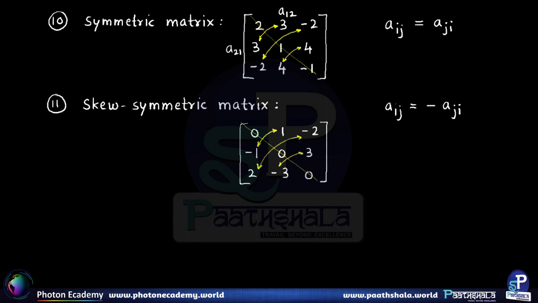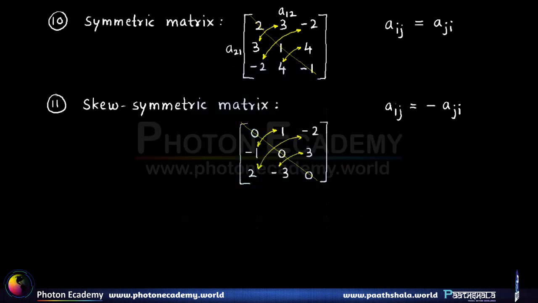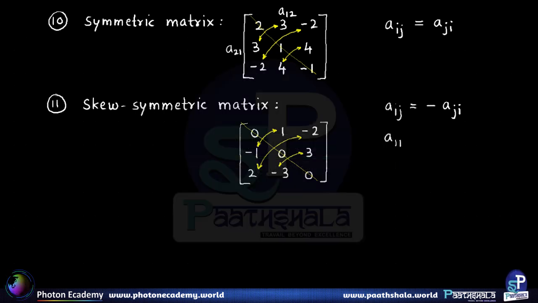But one important thing to note is what happens, as a consequence of this definition, to the elements of the diagonal itself. Suppose we consider the elements of a diagonal, and the first element is say a11. You know that for the elements in the diagonal, the row number and column number are obviously the same, that is i and j must be the same. So here we have a11 whose mirror image is a11 only.